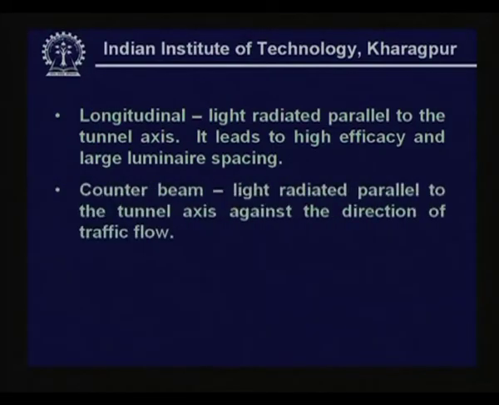Counter beam, light is again radiated parallel to the tunnel axis, but against the direction of traffic flow. This presupposes that the traffic is going to flow only in one direction in the tunnel. It cannot flow in both directions.